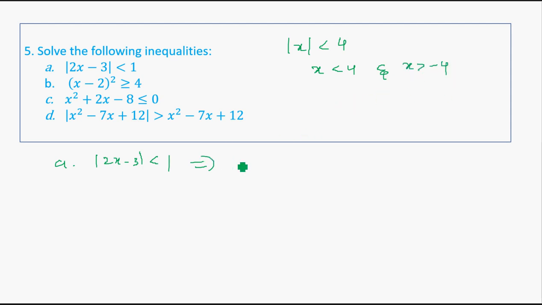So similarly, we'll have two conditions here. So 2x minus 3 will be less than 1 and 2x minus 3 will be greater than minus 1. Okay. So one thing you need to remember while doing mathematical operations in inequalities, you need to be very clear, and you can't directly shift 2x to this side and minus x like that.